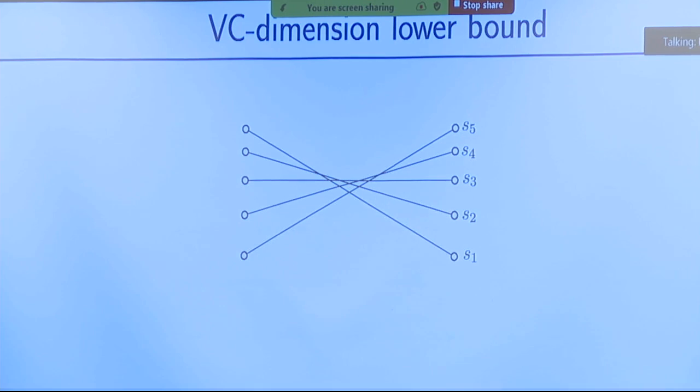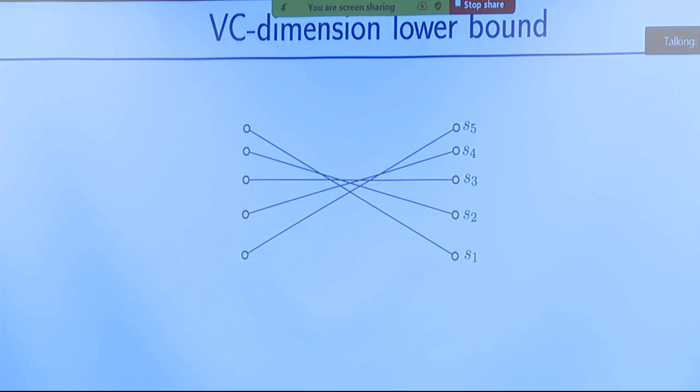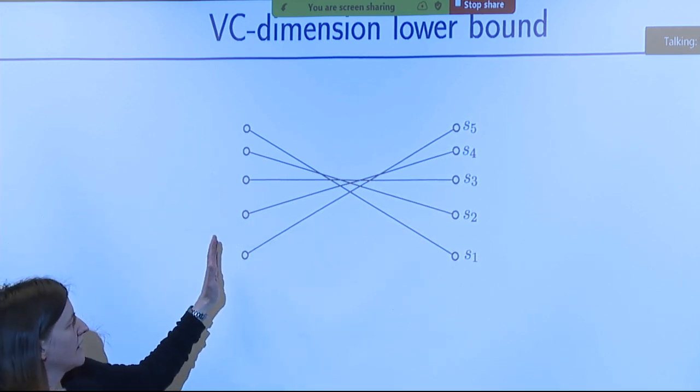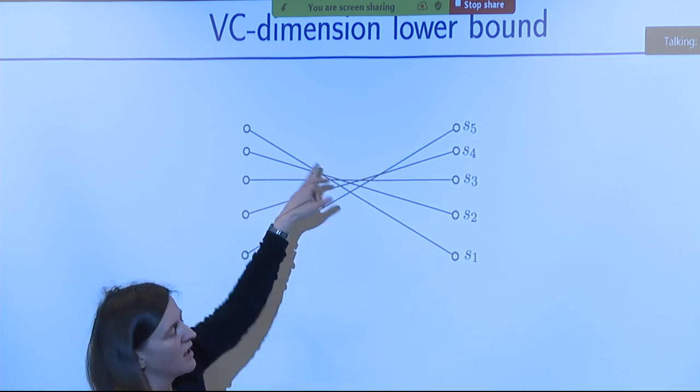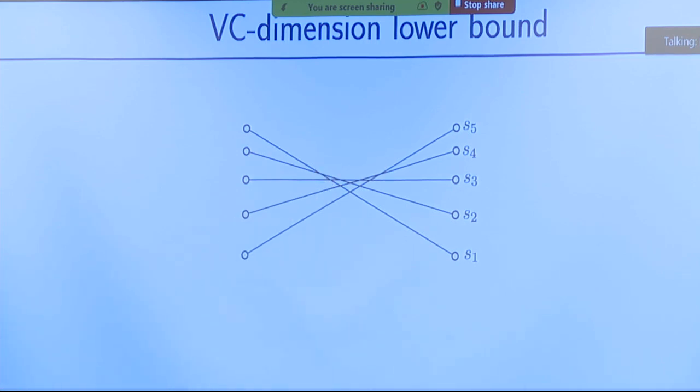This is the setting that we're looking at: our hitting set will have line segments as the ground set. But here I can shatter any set of line segments if my center curves can be complex enough. The way to show this is I place these lines so they start on a vertical line here and end here, and I place them so that each of them has a point on the upper envelope.